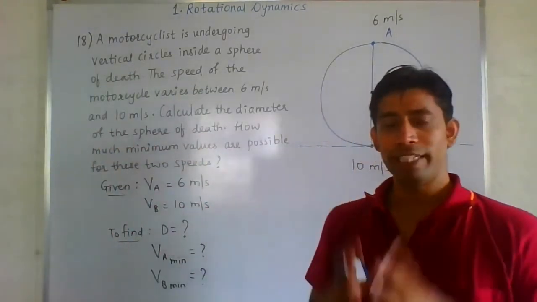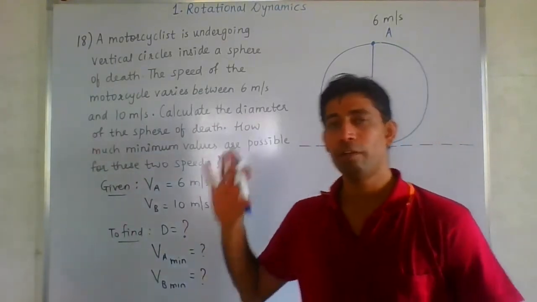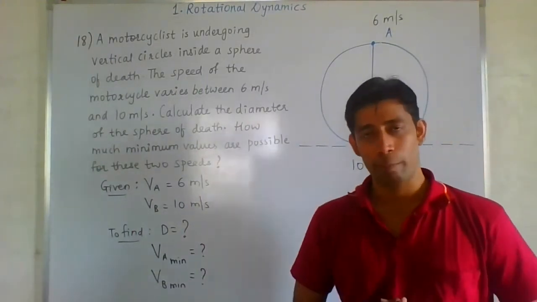वर्टिकल सर्कुलर मोशन के लिए आप लेक्चर नंबर 6 एक बार ऑब्जर्व कर लो. उसमें मैंने वर्टिकल सर्कुलर मोशन पूरा डिटेल में एक्सप्लेन किया है. So उसी का कॉन्सेप्ट में वापस यूज कर रहा हूं.